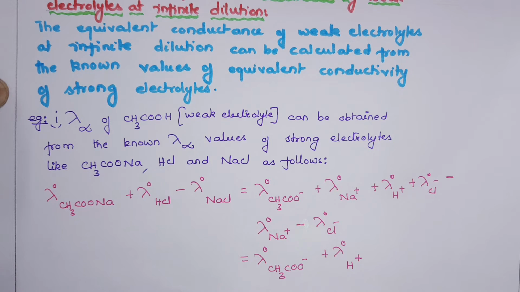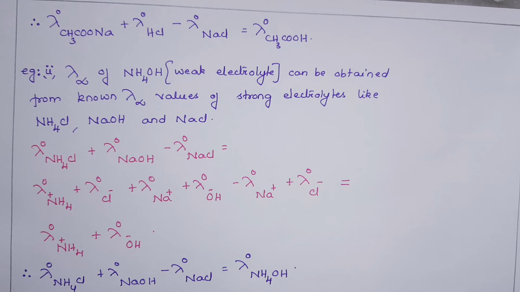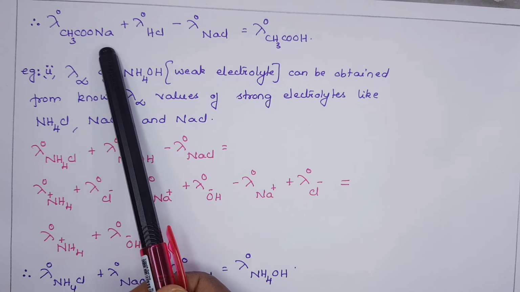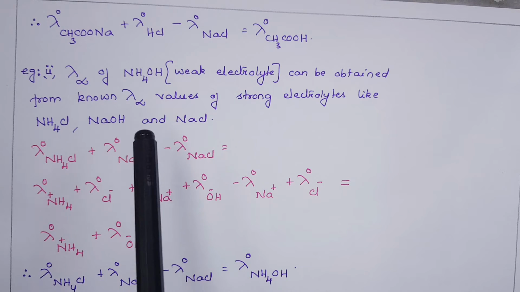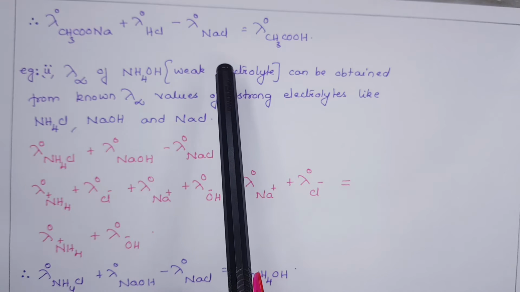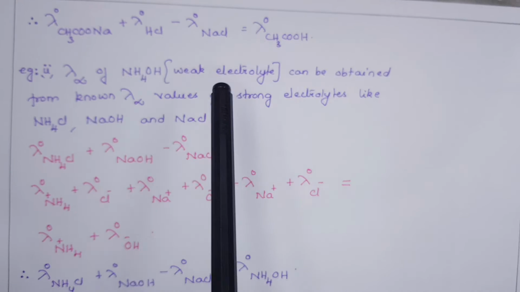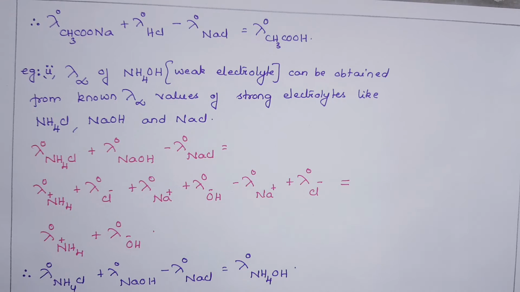So concluding, lambda naught of CH3COONa plus lambda naught HCl minus lambda naught NaCl will be equal to lambda naught CH3COOH. This is the way we calculate the equivalent conductance of weak electrolytes at infinite dilution from the known values of equivalent conductance of strong electrolytes at infinite dilution.